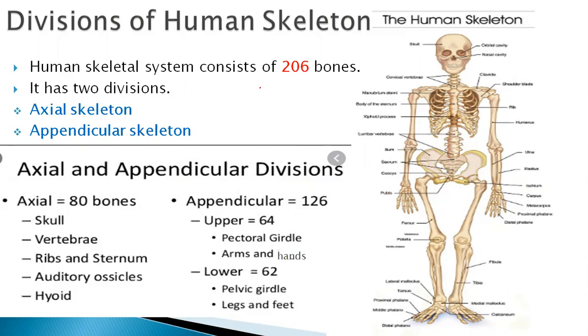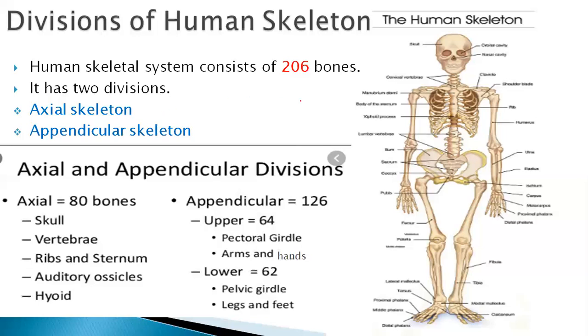Later on, lots of cartilages are replaced in the form of bones, and there are soft bones which are merged, just overlapped or fixed with one another, and they form one bone. So in an adult, these bones are left 206 out of 300.